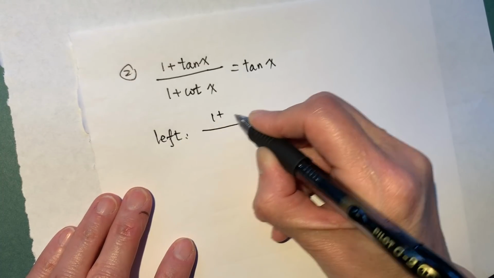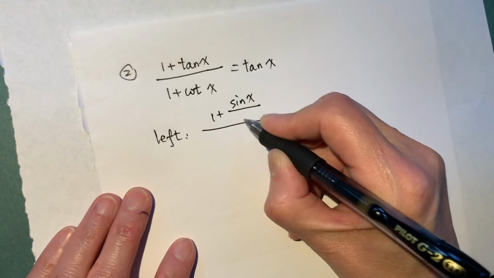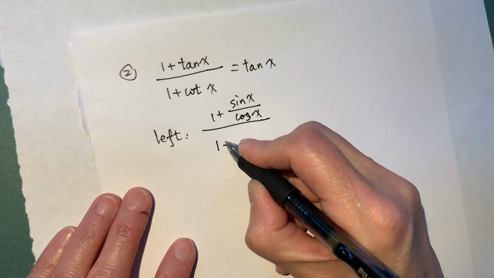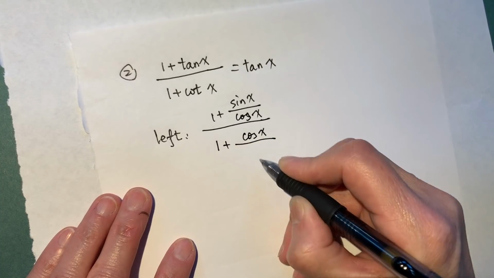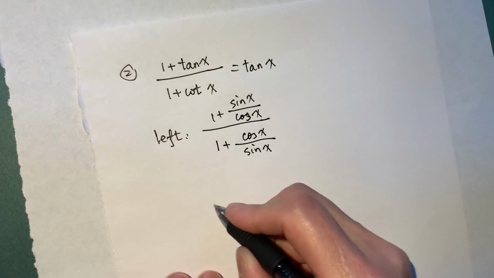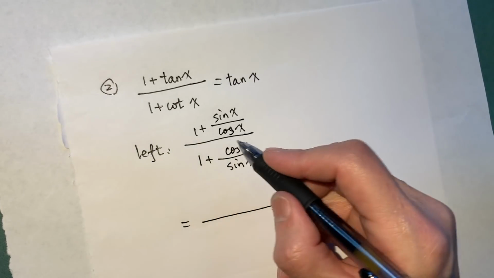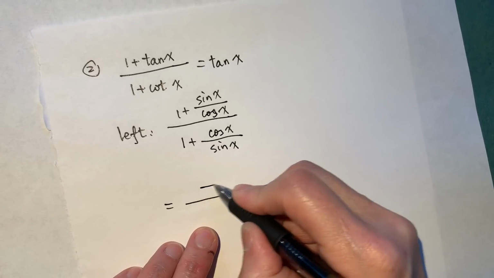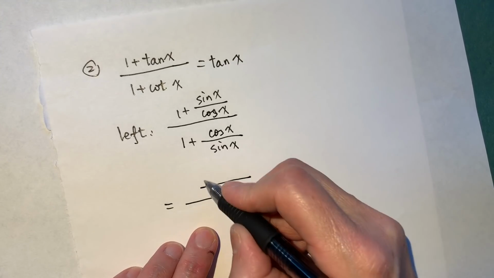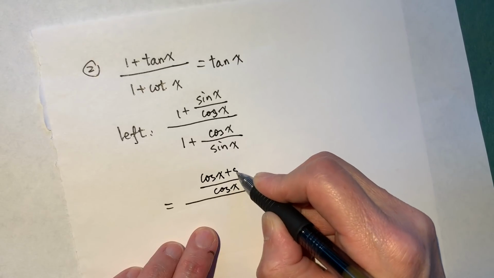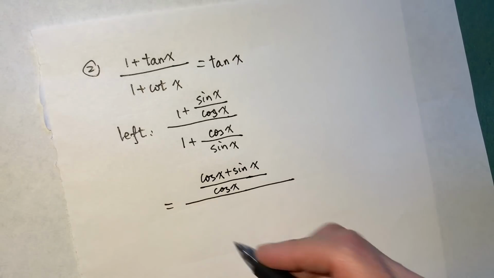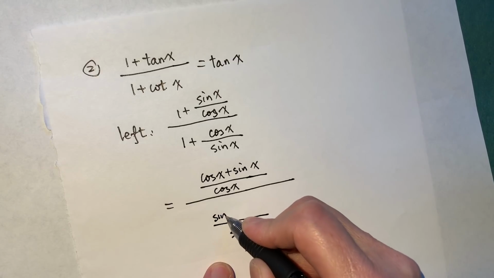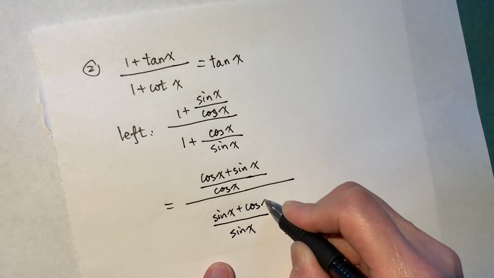So 1 plus sine over cosine, 1 plus cosine over sine x equals, so we find the common denominator on the numerator, so it's cosine x over cosine x plus sine x, right? And the denominator is sine x over sine x plus cosine x.